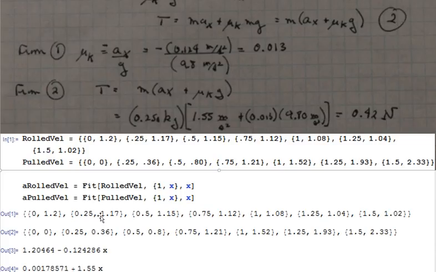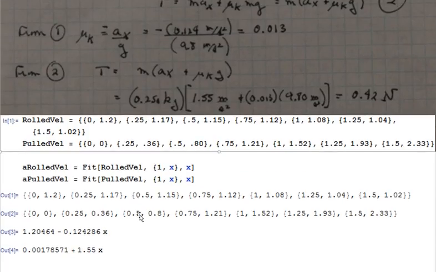And so it came back. This is how you do that, incidentally. It told me that the first data set is modeled with this, and the multiplier for the x is going to be the acceleration. That's where the 0.124 came from.